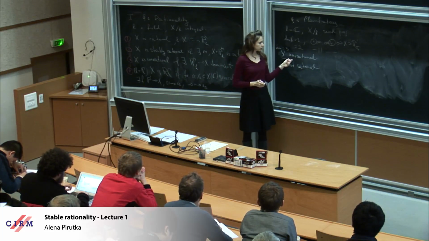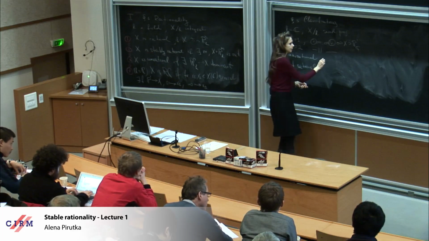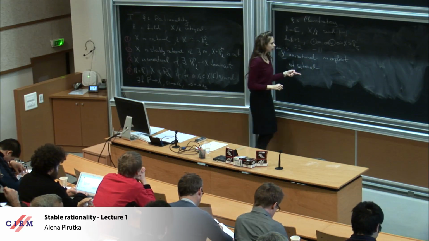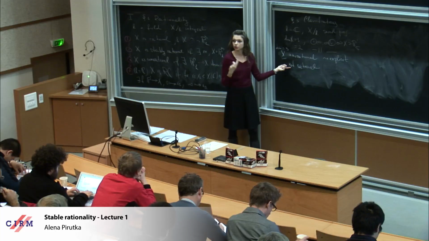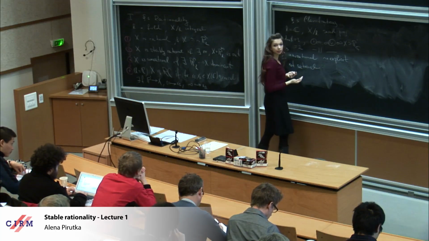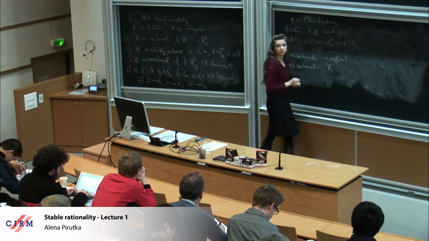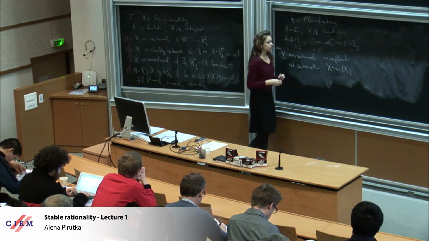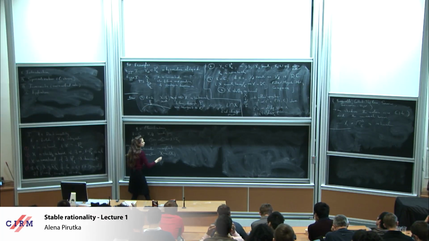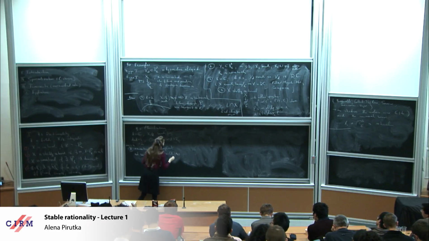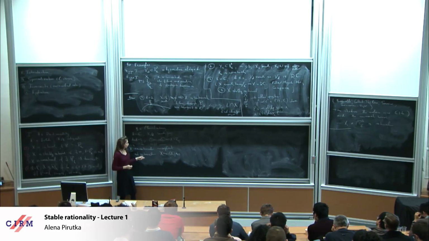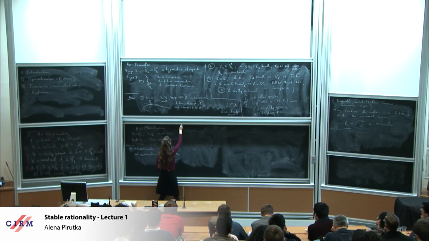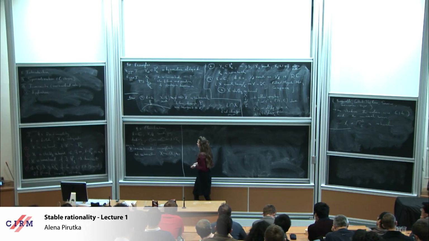In all these examples, the unirationality is proved by some explicit construction. And the classical method to establish the non-rationality, very roughly, was: start with a variety X, and then produce some invariant of X that is supposed to be somehow trivial or to have some special form for rational varieties, and then establish that it's non-trivial. So that will give you, of course, non-rationality. So I'll give you 3 examples.